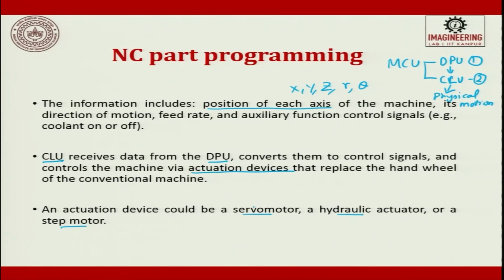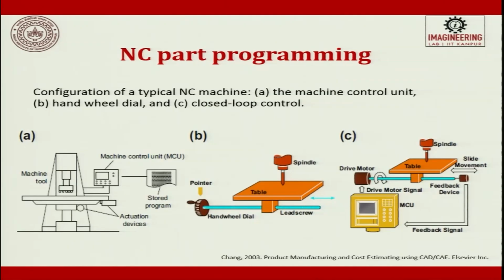So we have seen all these things in detail: servo motor, stepper motor, hydraulic drives, pneumatic drives, all these are actuations which are controlled by the CLU. So the MCU does the most important part, that is why it is called the brain of the machine.